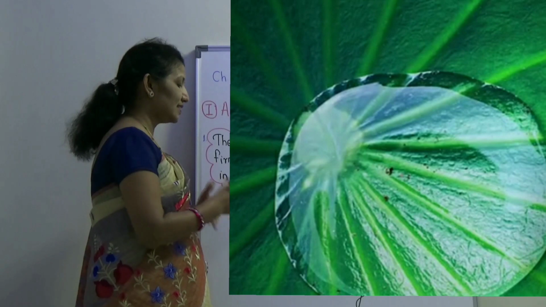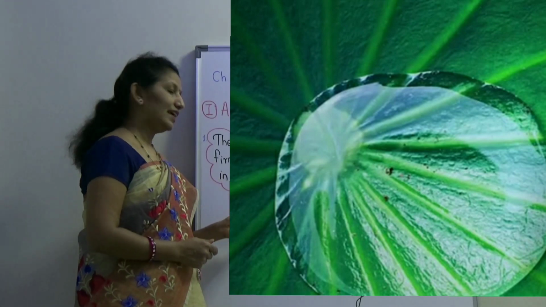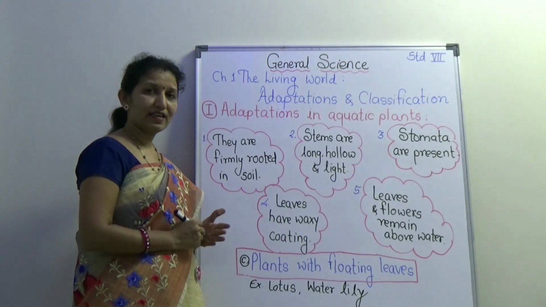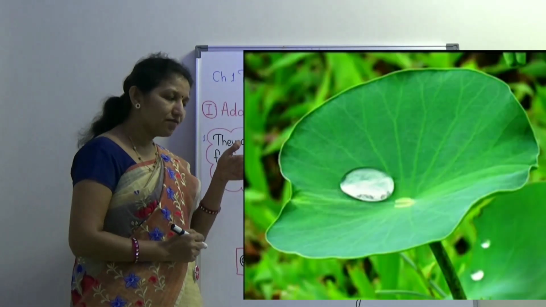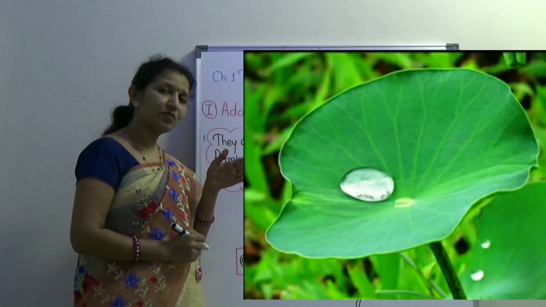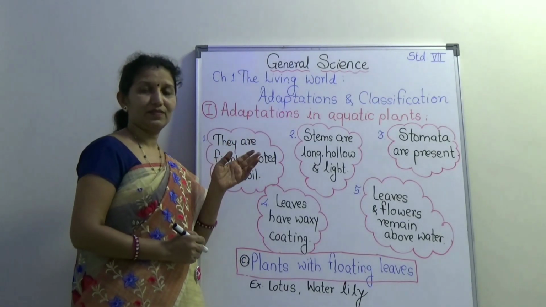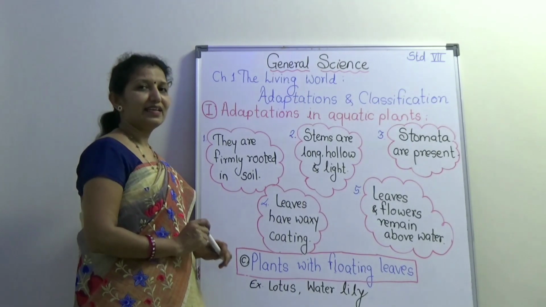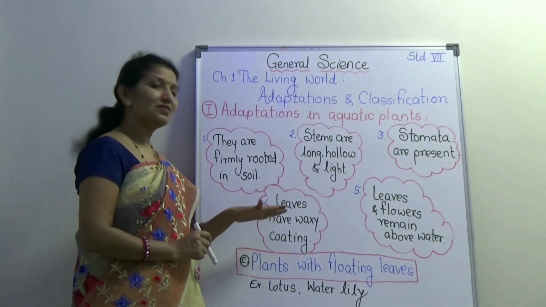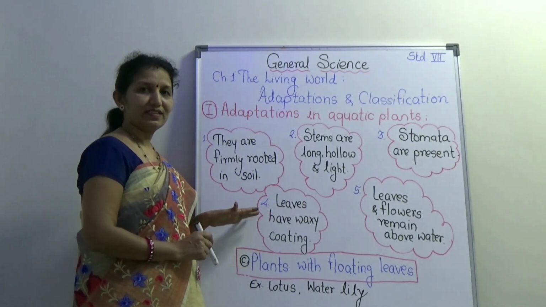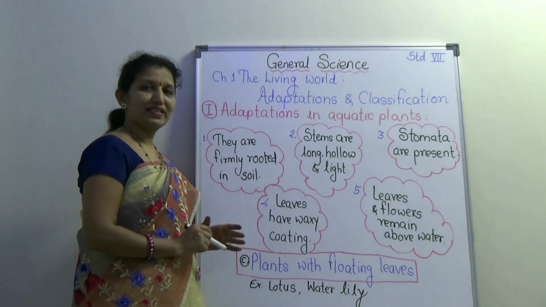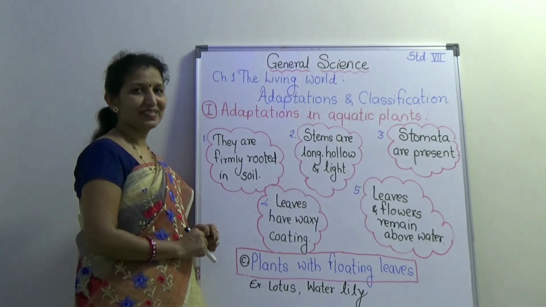And what is the structural change in it? They have a waxy coating. Because of this waxy coating, what happens? The water does not get accumulated. It trickles down the leaf. It does not get accumulated on the leaf, and that's why the surface becomes free of water, and in this way the leaves are protected from getting spoiled.